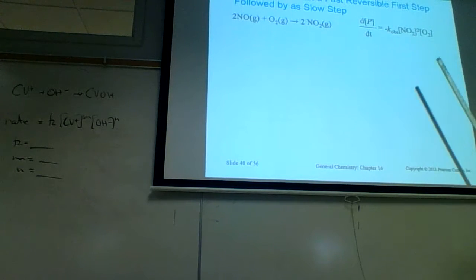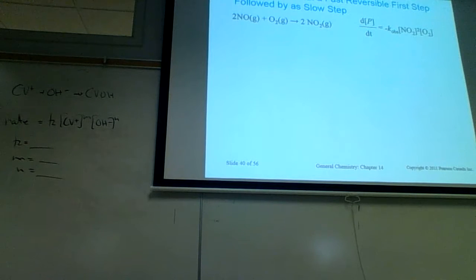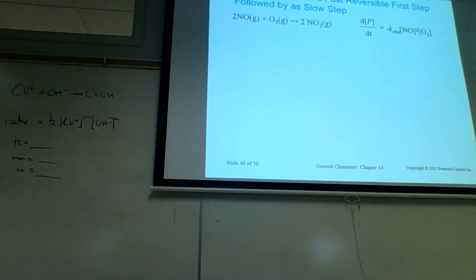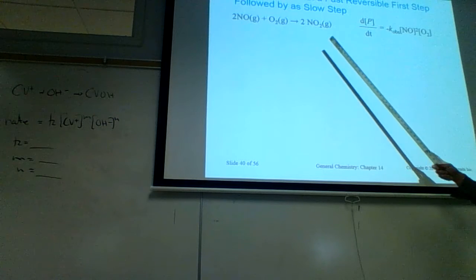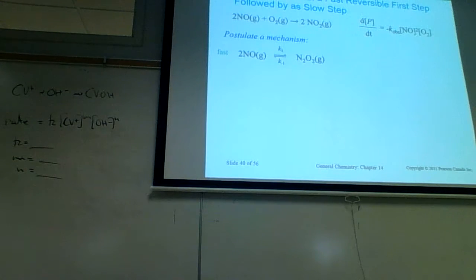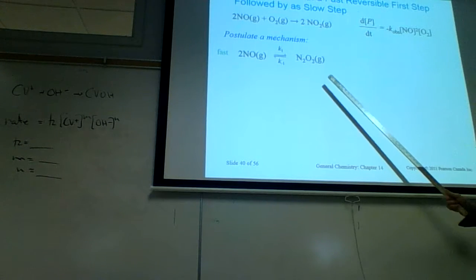This is not NO2, this should be NO. And so we try different things. What happens is none of those work out until we come up with this mechanism. A lot of trial and error went into this point here.